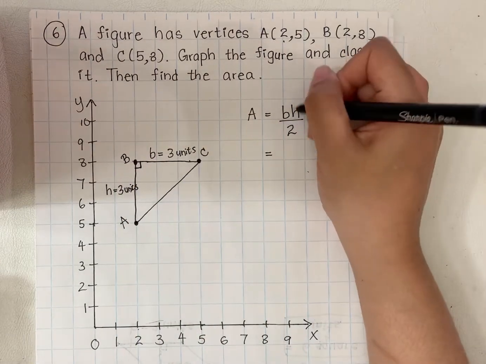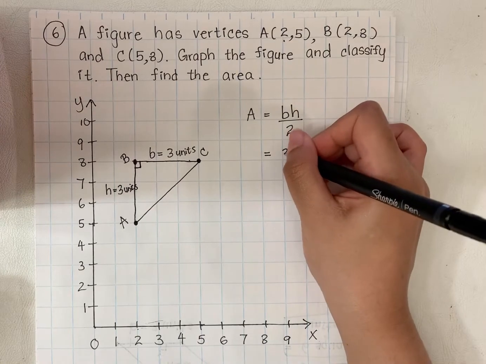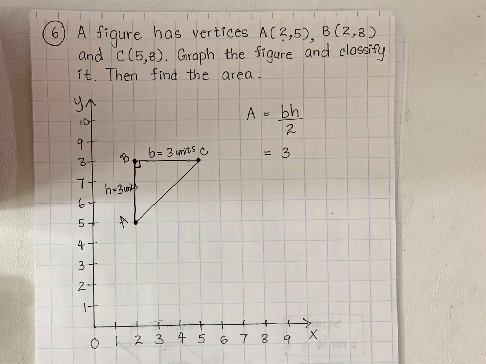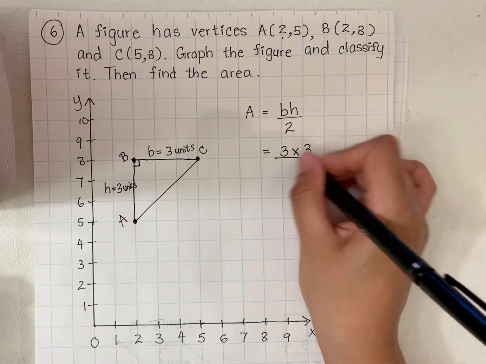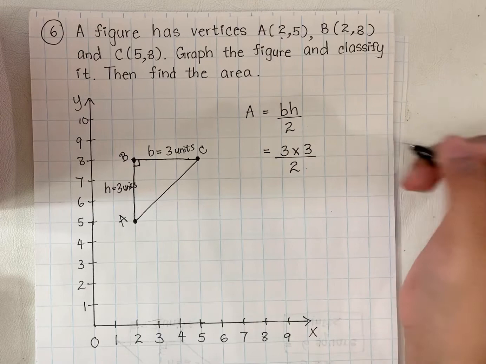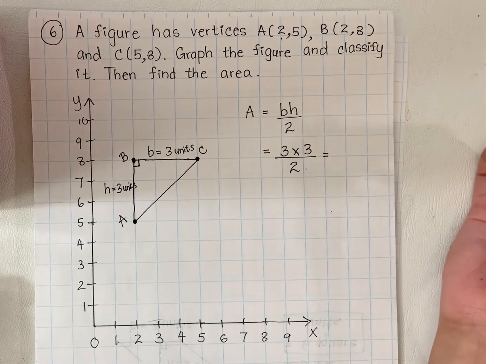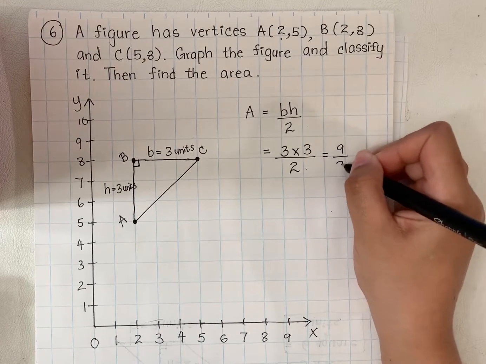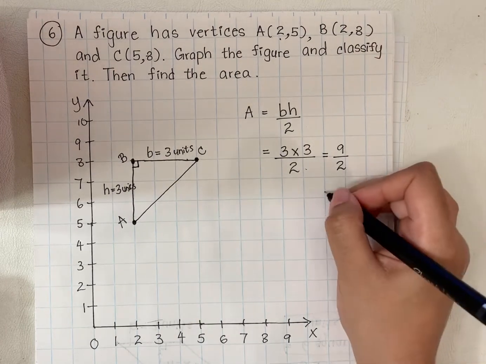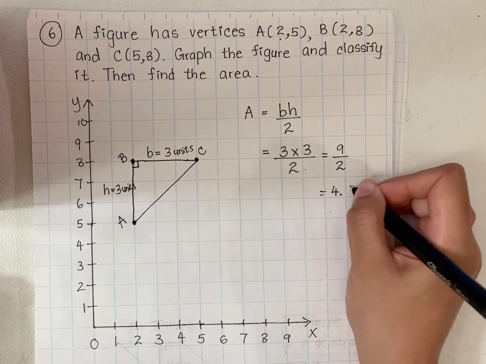And now I'm gonna replace B with 3. BH means B times H. We know it's base times height divided by 2. Height would be also 3 units. And once I multiply, I can move on and divide by 2. 3 times 3 is 9. And 9 divided by 2 would give you 4 and 5/10.